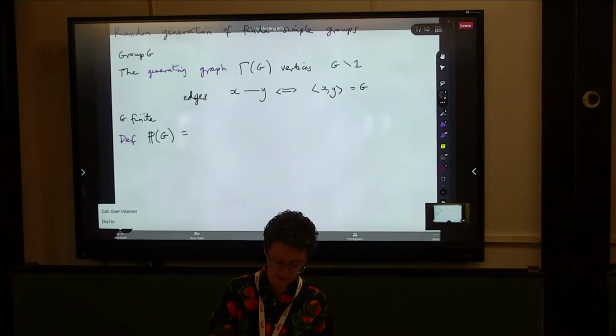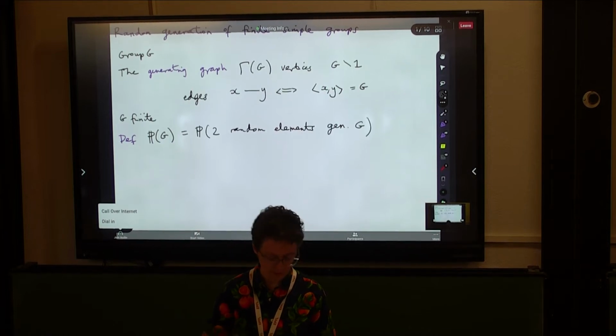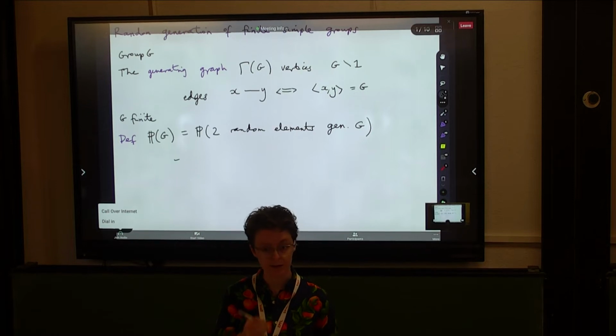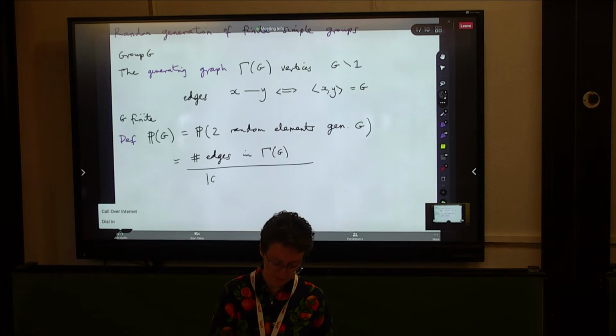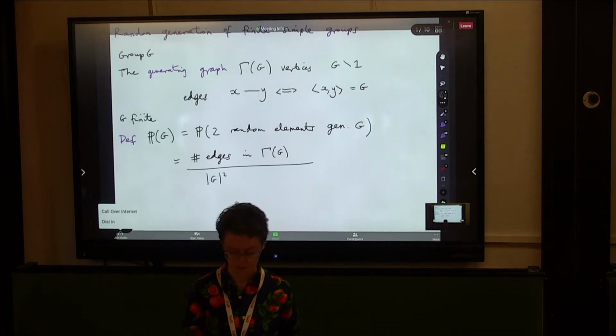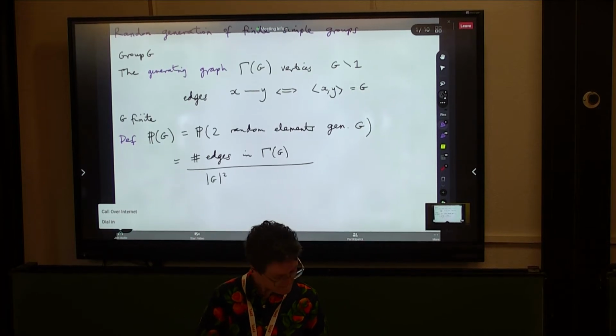It's going to be the probability that two random elements generate G. Okay, so another way of writing this in terms of the graph is it's the number of edges in the graph divided by the number of pairs in G. Okay, so because it's finite, this is all easy to define. I don't have to worry about infinities.